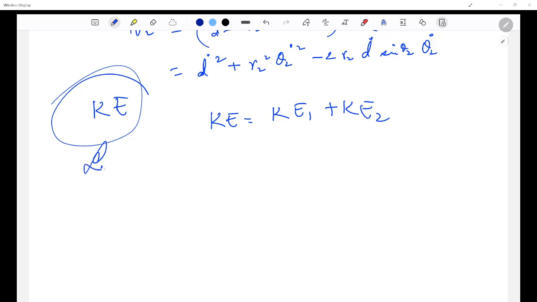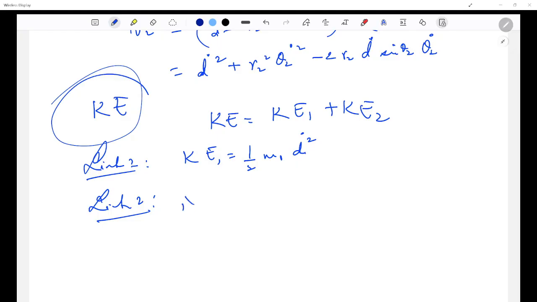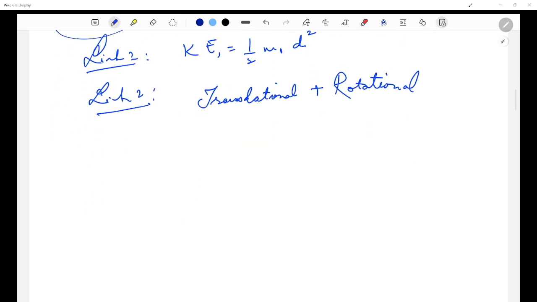So let's talk about link 1 first. Your kinetic energy 1 is half into m1 into d dot square, right? For link 2, your kinetic energy would be what? Link 2 has both translational as well as rotational energy. Both of them are there and we need to define both of them individually.